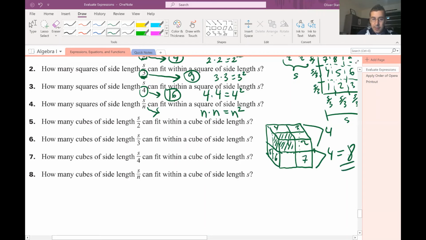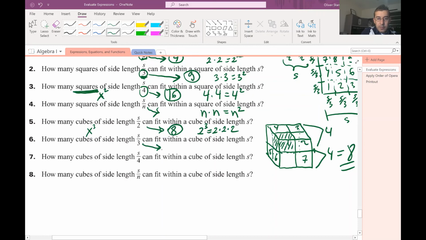So there are 8. And what's the formula? You can see here, since it's squares, it's x squared. Cubes, it's x cubed. So this is 2 to the third power, that's 2 times 2 times 2. So 2 times 2 is 4, 4 times 2 is 8.